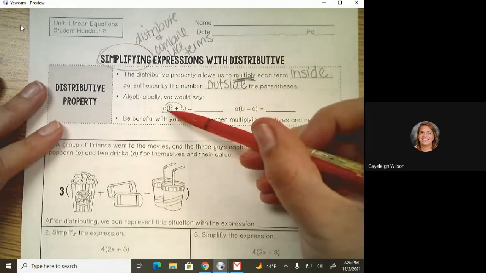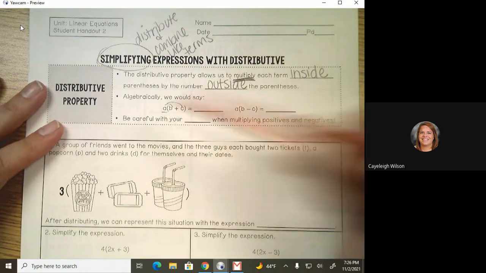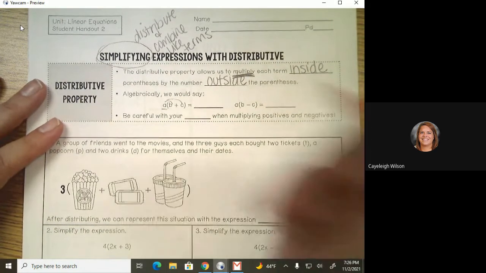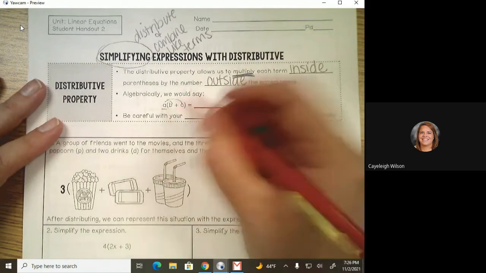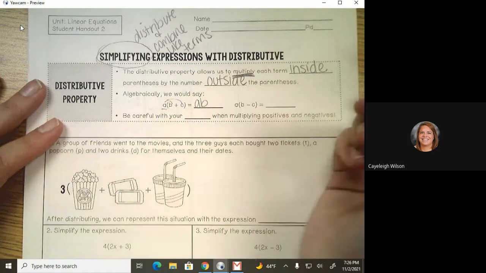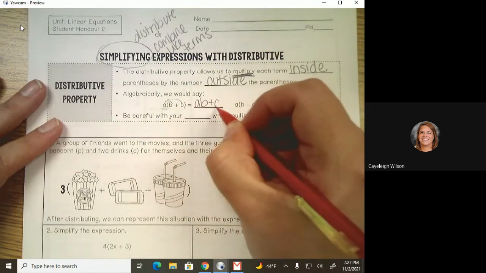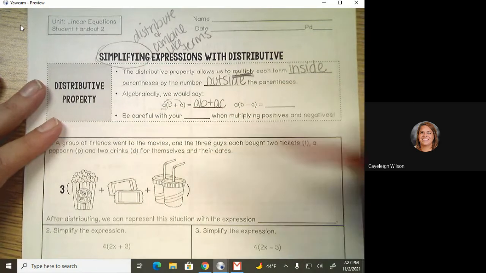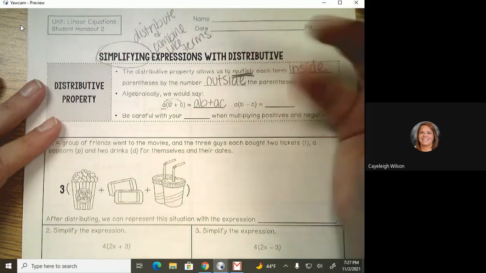We know this is multiplication because it is a number or variable up against a parentheses. There's no operation between them, which means multiplication. So you're going to take A times B, which is just AB, and then A times positive C, which is just positive AC. It just takes that number and multiplies it.